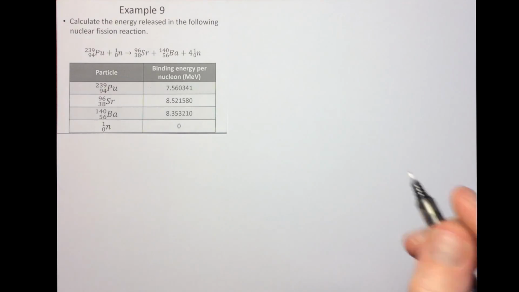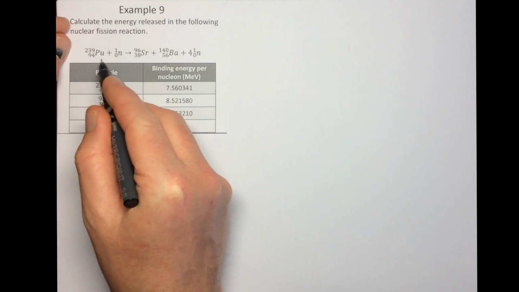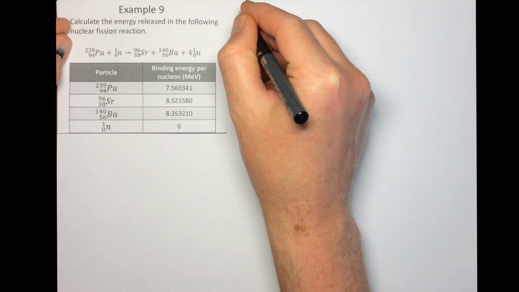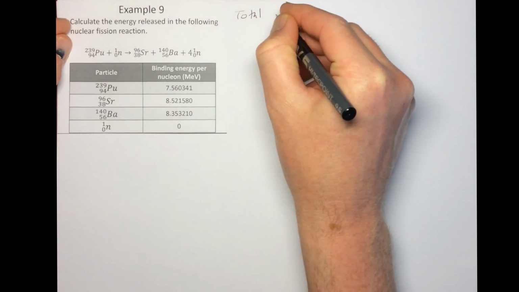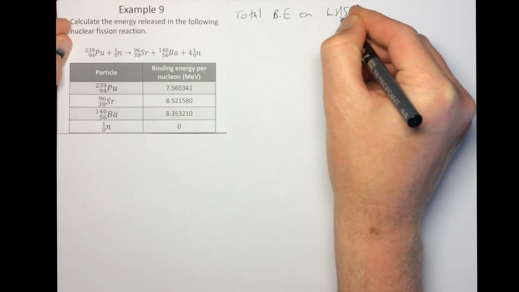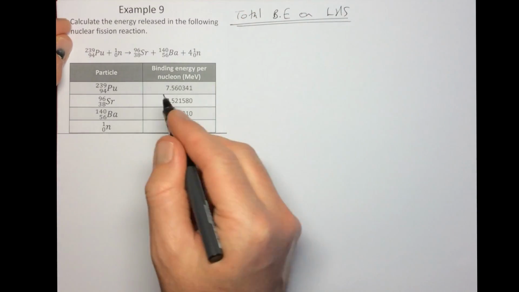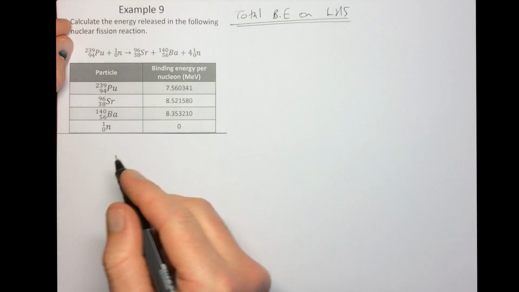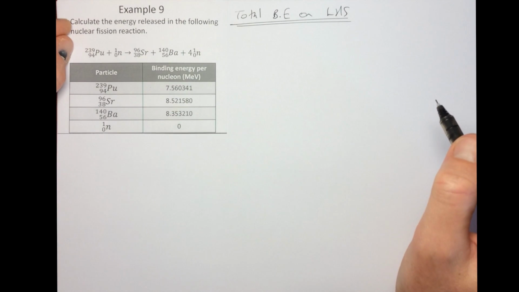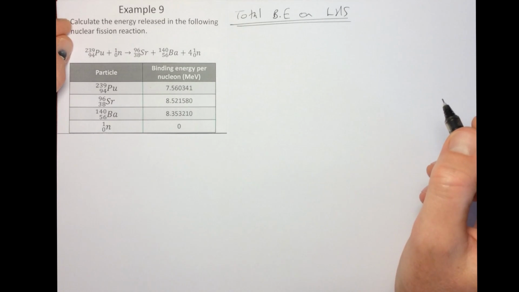So first of all, the first thing you need to do is work out the total binding energy on the left-hand side of the reaction, okay? Now we're given the binding energy per nucleon, but we need to work out the actual binding energy. Important to be aware that a neutron does not have any binding energy because it is an individual nucleon and it's not bound to anything else, therefore it has 0 binding energy.